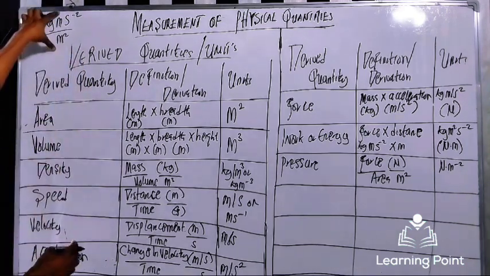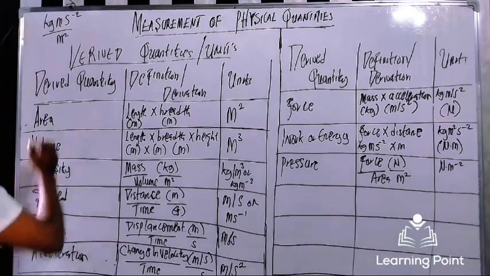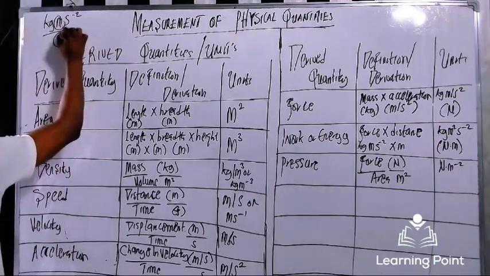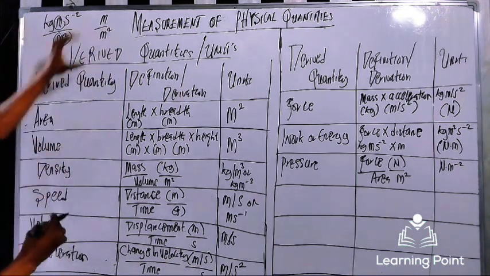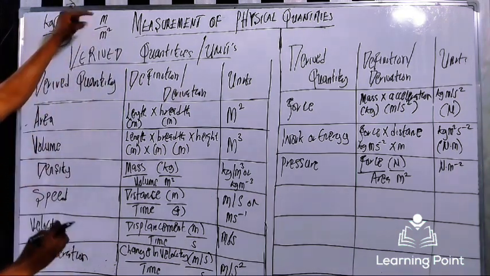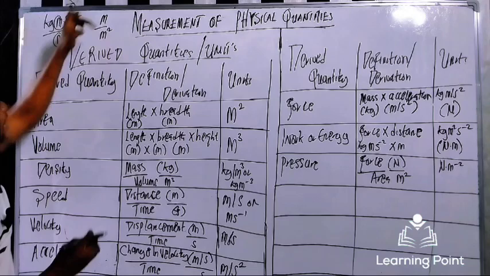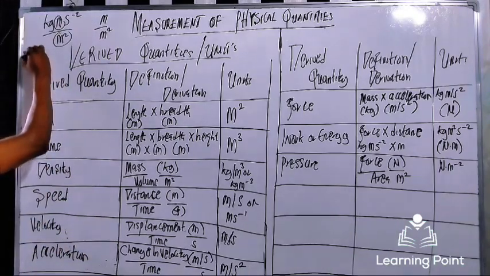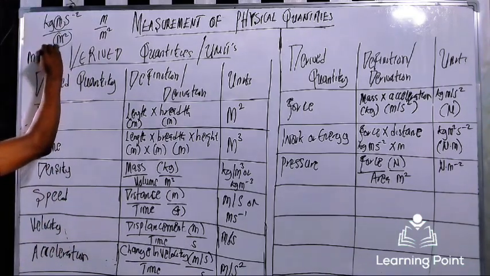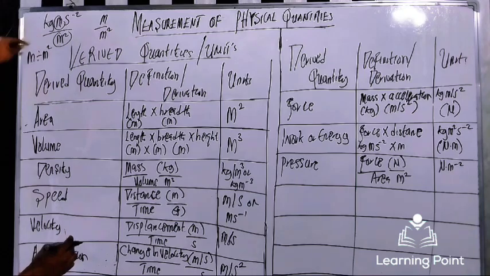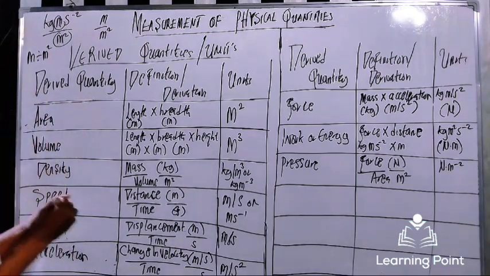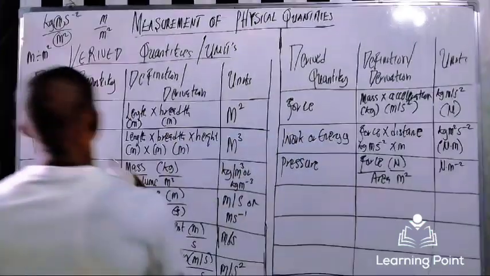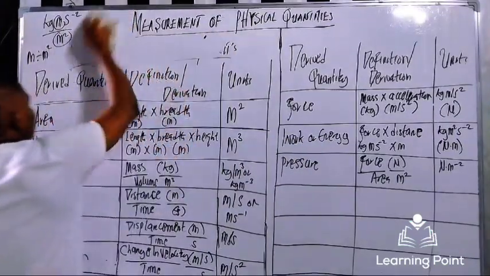Now, if you look at this meter and meter here, we have m over m square, right? If you remember in indices, when you divide, you subtract them. Let me write this out so I can derive it for you.